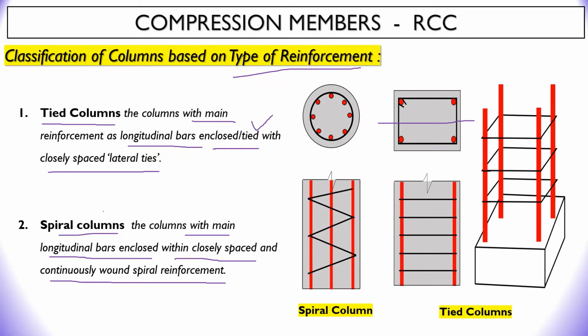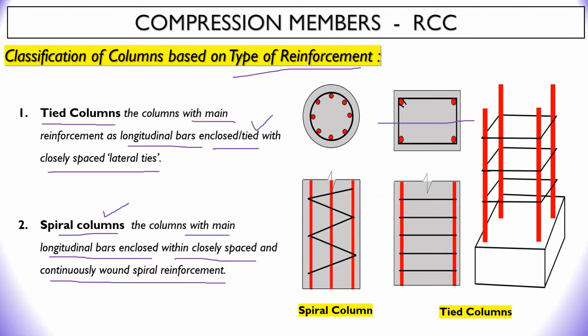Whenever you are going to design a circular column, we will use either circular type of lateral ties or spiral type of tie. And here you can easily see that some number of bars are inserted in the column as reinforcement, and the black color circle is indicating a lateral tie.